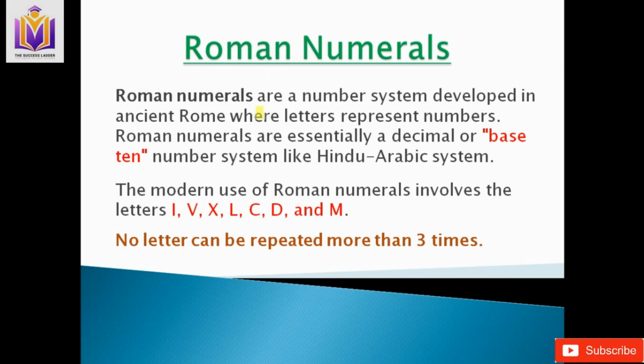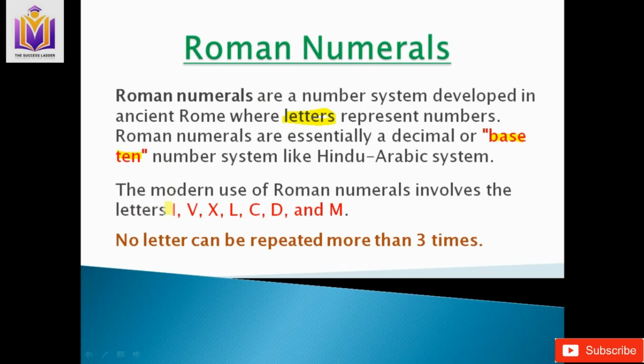So Roman numerals are a system developed in ancient Rome where letters represent numbers. So this is the main thing, that here in Roman numerals, letters represent the numbers. And the Roman numerals are based on base 10, like we do in Hindu Arabic, where we write 1 to 10, then 100, that also depends on base 10. So this also is based on base 10 only.